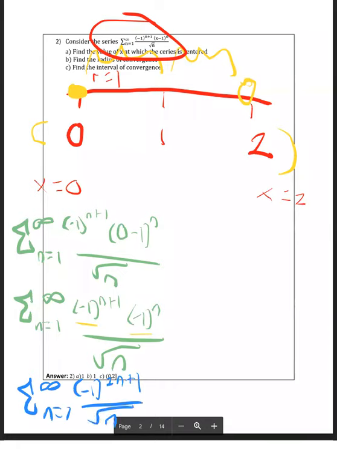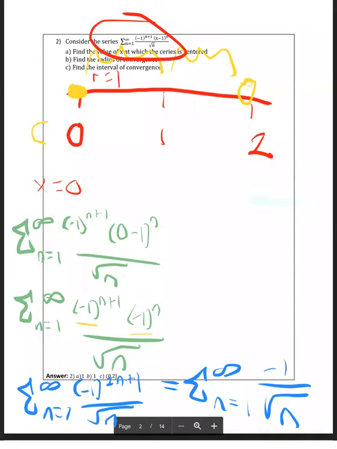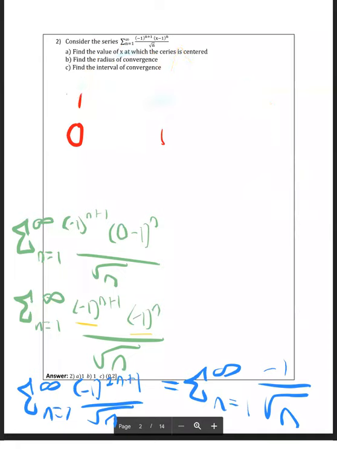So the series is actually a P series, because this can simply be rewritten as -1 over the square root of n. Sorry, let me erase most of this work over here. When you look at this expression, -1 to the 2n plus 1, for every n value that you plug in, let's plug in a few.